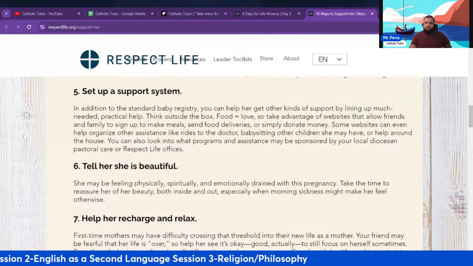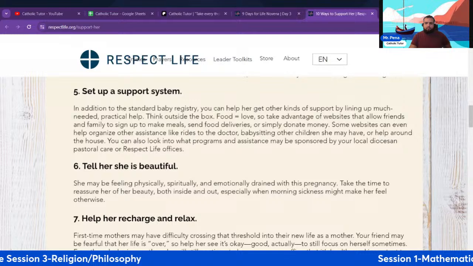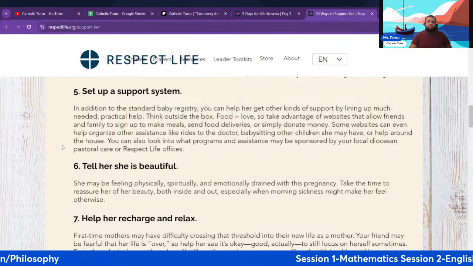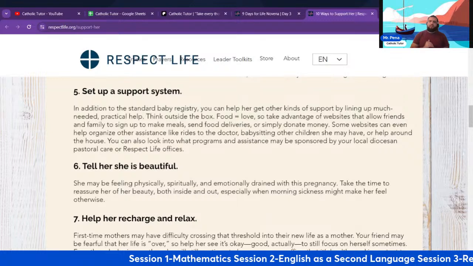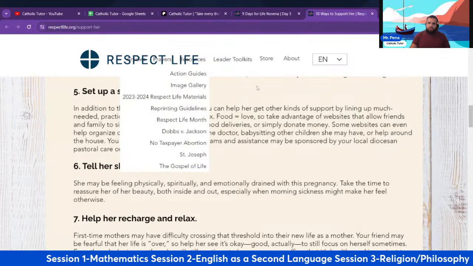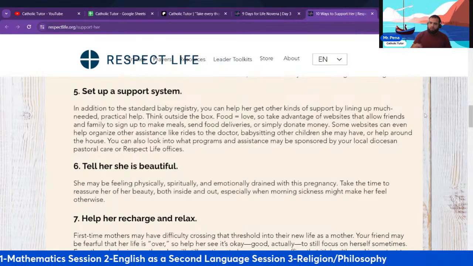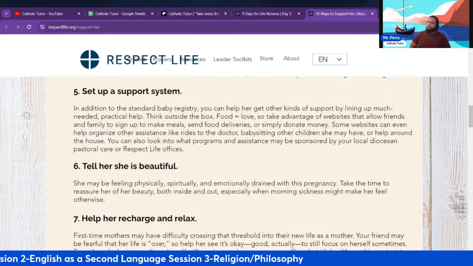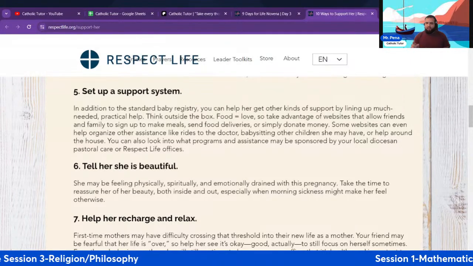Okay, the next one. Number 5, set up a support system. In addition to the standard baby registry, you can help her get other kinds of support by lining up much needed practical help. Think outside the box. Food equals love.